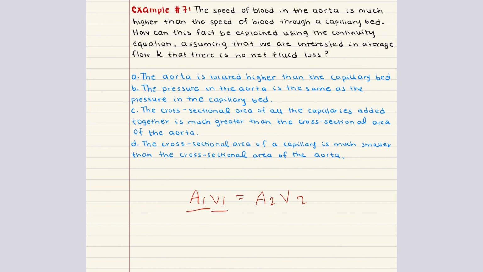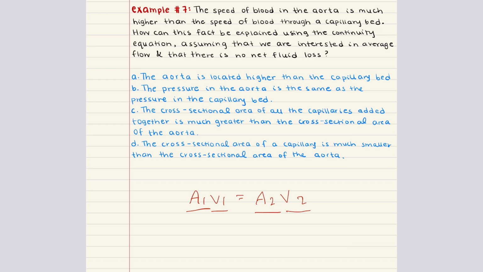This is equal to A2, which is the cross-sectional area at a different point, such as in the capillary bed, multiplied by V2, which is the velocity at that point. This equation tells us that if the cross-sectional area decreases, the velocity must increase to maintain the same flow rate. And if the cross-sectional area increases, then the velocity must decrease.